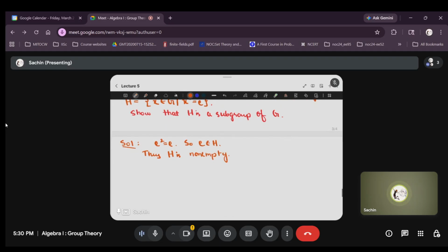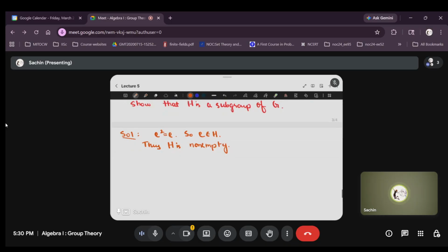Once H is non-empty, we can use the one-step subgroup test. That is, suppose X, Y are in H. This is what we want to show: then X Y inverse belongs to H.